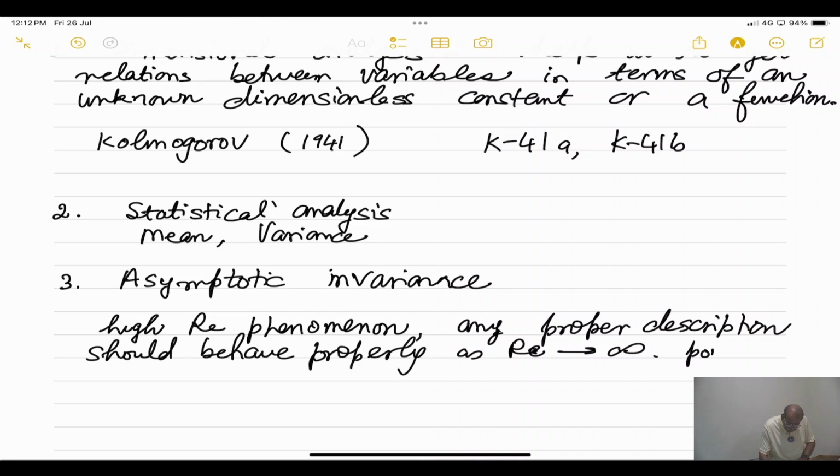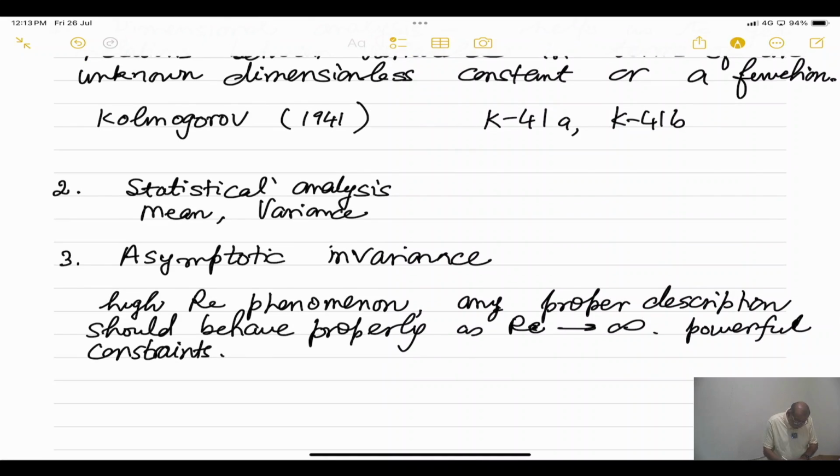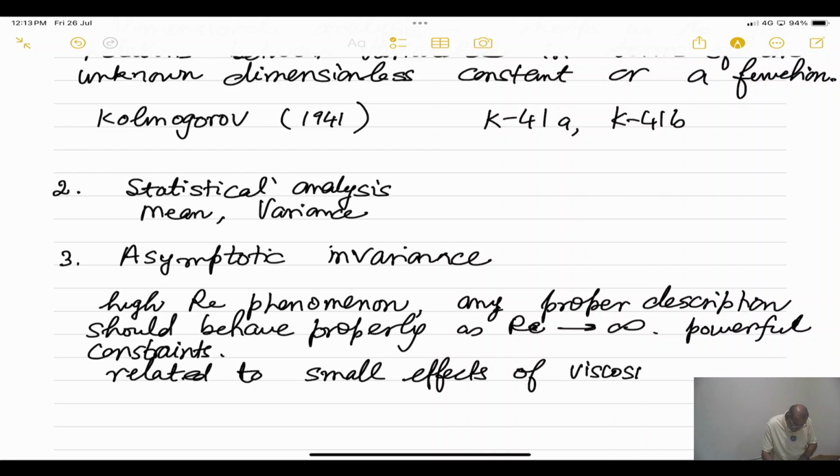And this will provide very powerful constraints. And this asymptotic invariance, we will find, is related to small effects of viscosity at high Reynolds number. I am using RE for Reynolds number.